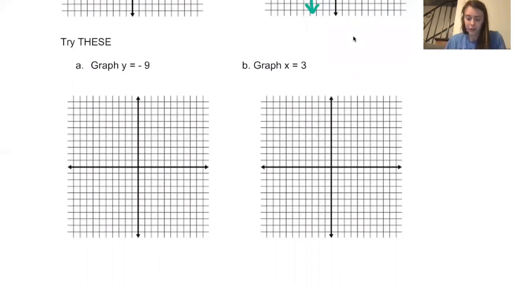Okay, I don't know if that's 30 seconds. I'm not great at counting, but the answer to this one is y equals -9. This would go right here. And hold on, I'm going to try that again. I'm working on my ability to draw a straight line.